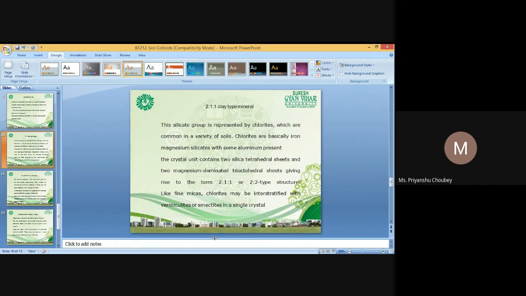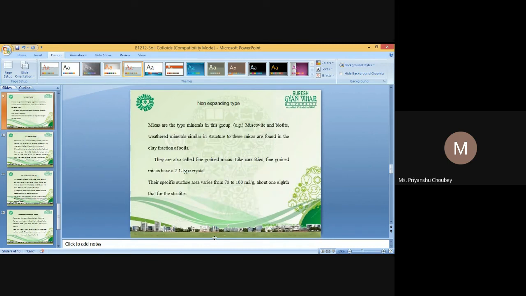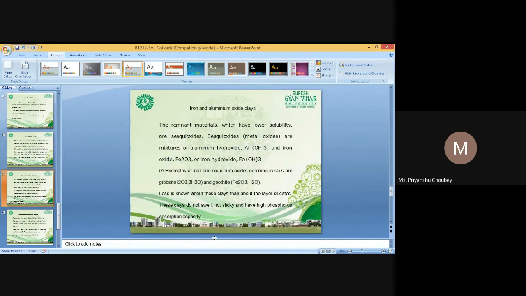Ochric epipedon, from the Greek word ochros, meaning pale, light in color, with value greater than 5, dry for more than 3 months, and less than 1 percent organic matter. It is hard or very hard when dry, and does not qualify for any other horizon.